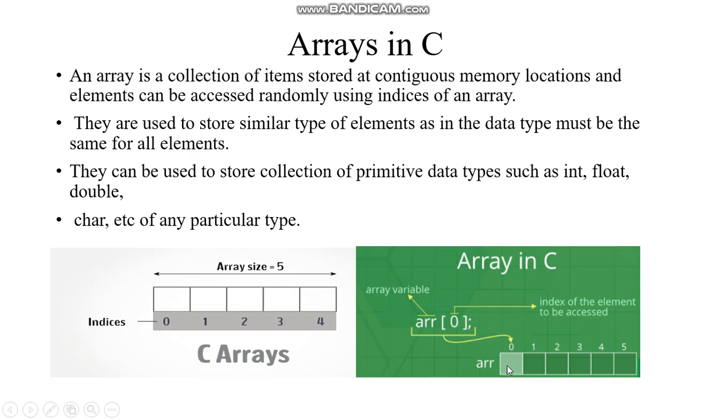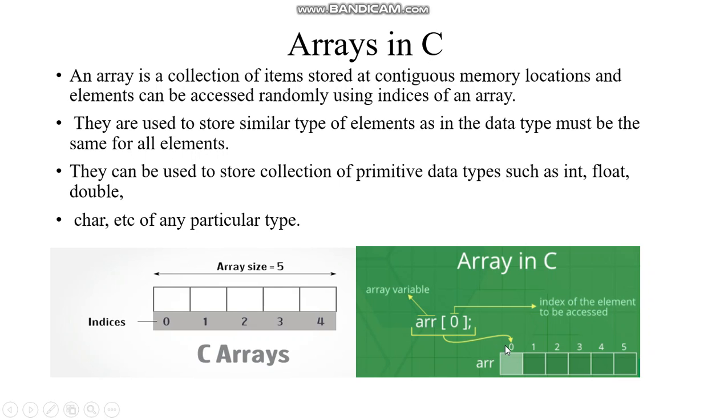By the index we can access the element stored at that location. Array of 0 means we can get the value stored in this cell. The data stored in this area can be accessed by using the array name and index.